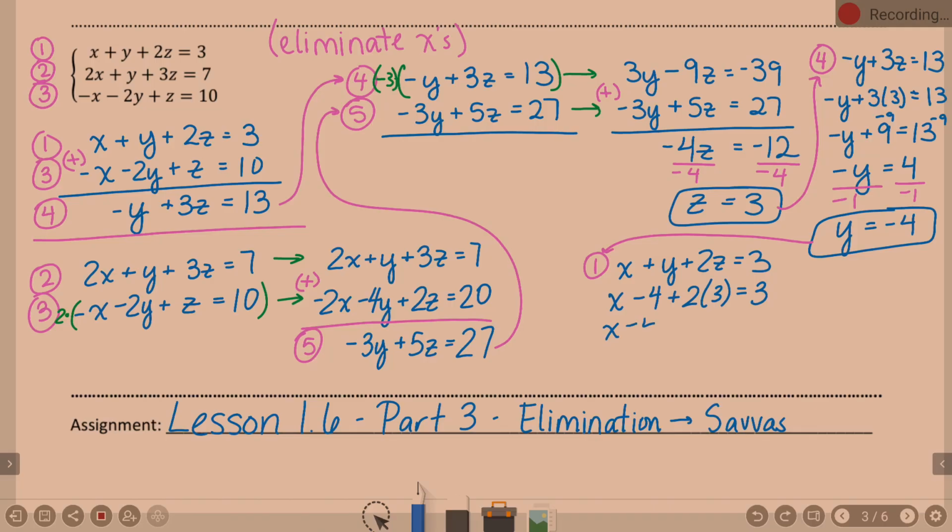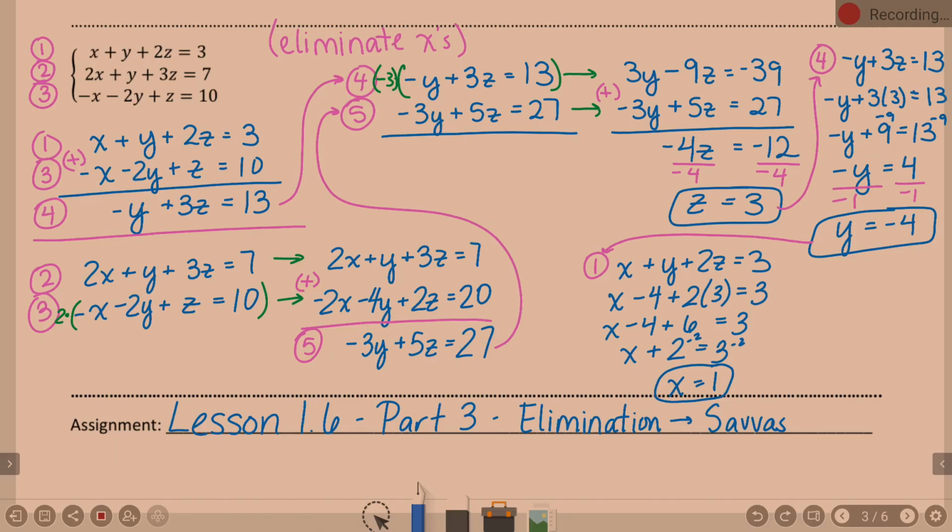So still x minus 4 plus 2 times 3 is 6 equals 3. Then I'm going to clean up that left side. We've got x minus 4 plus 6, combined to be a positive 2. x plus 2 equals 3. Then to solve for x, I'm going to subtract 2. And 3 minus 2 is 1.